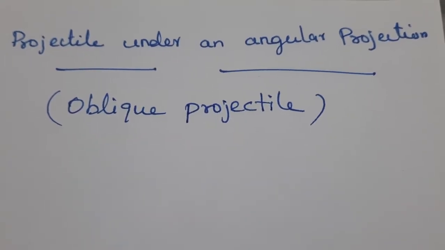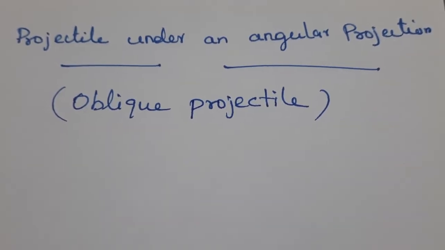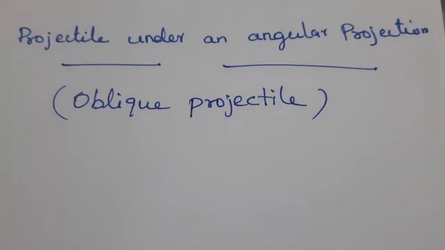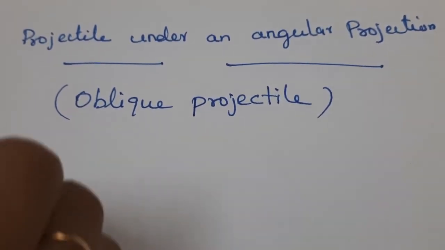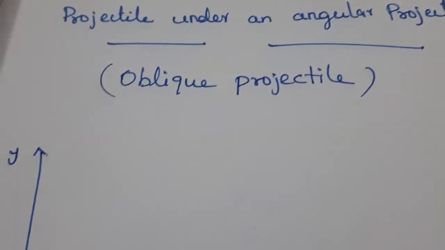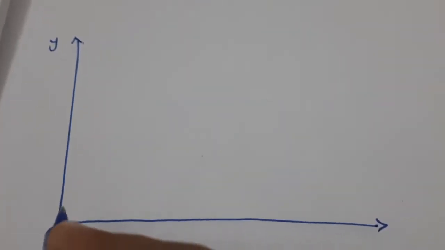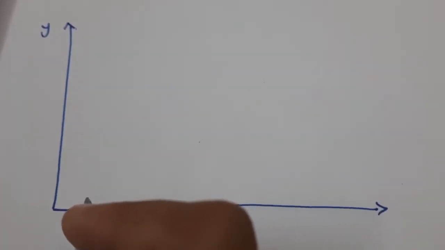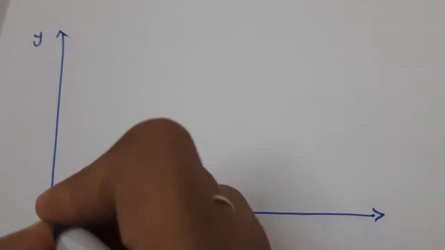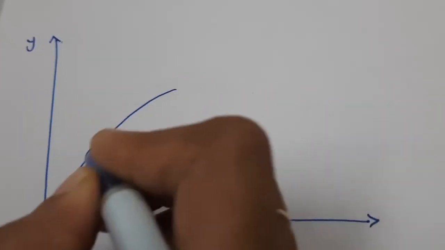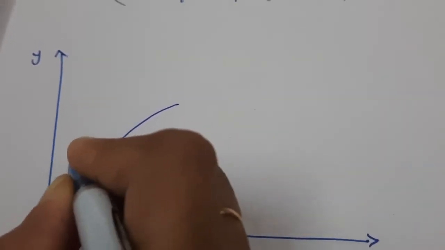So here, consider an object thrown with initial velocity. This is the ground. You can choose this as the x-axis and this as the y-axis. An object is thrown with initial velocity from here, and this object moves like this. The initial velocity is u.